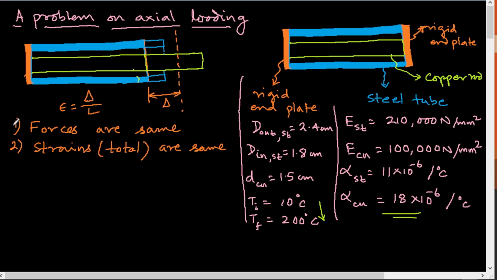Fine. Now let's use the first of them. What will be the force in the steel tube? Let's say the stress in the steel tube is sigma steel, that times the area, so pi over 4 times 2.4 squared minus 1.8 squared.